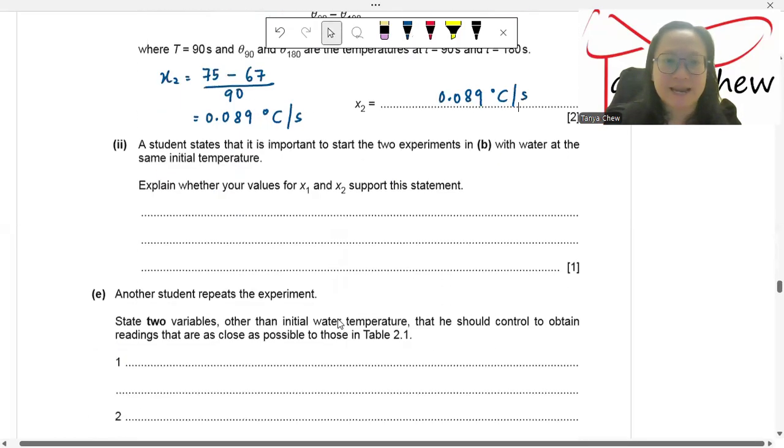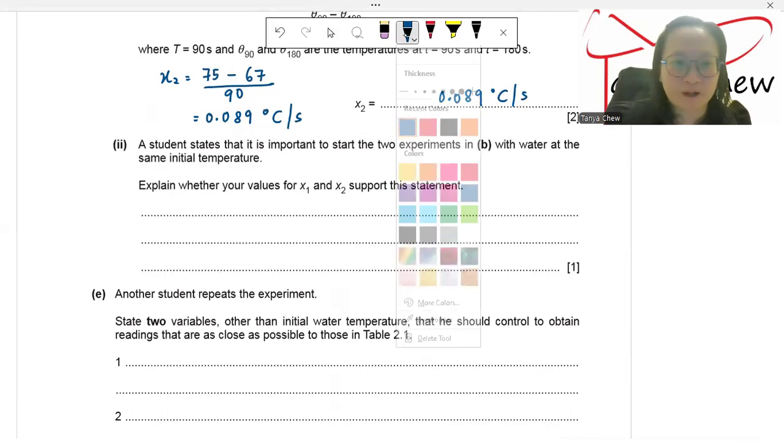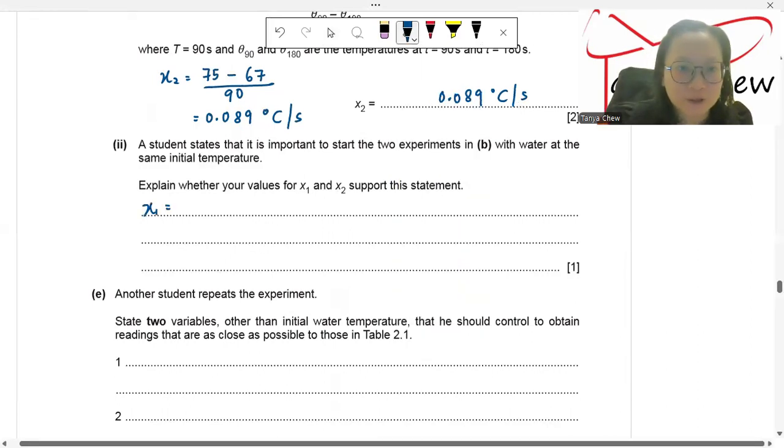Third part, a student states that it is important to start 2 experiments in B with water at the same initial temperature. Explain whether your values for X1 and X2 support this statement. I'll give you the value of X1. X1 is equal to 0.117 degrees Celsius per second.